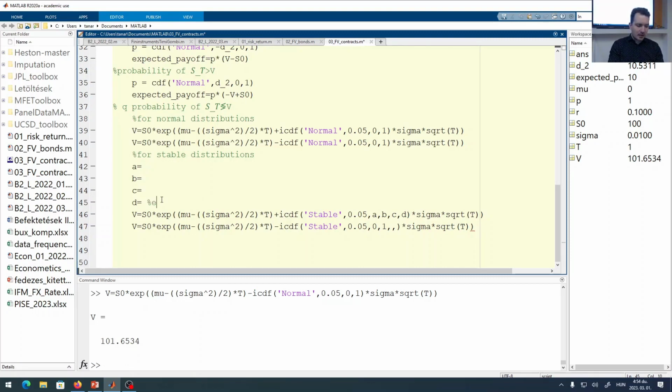So this is the expected value, like mu in normal distribution. So this can be 0.